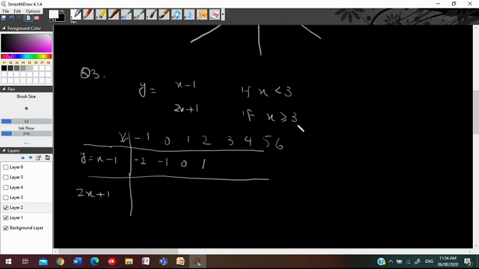This means x has the first value of 3 itself. So when x is equal to 3, y is equal to 2x plus 1, which means 2 into 3 plus 1, 6 plus 1, 7.